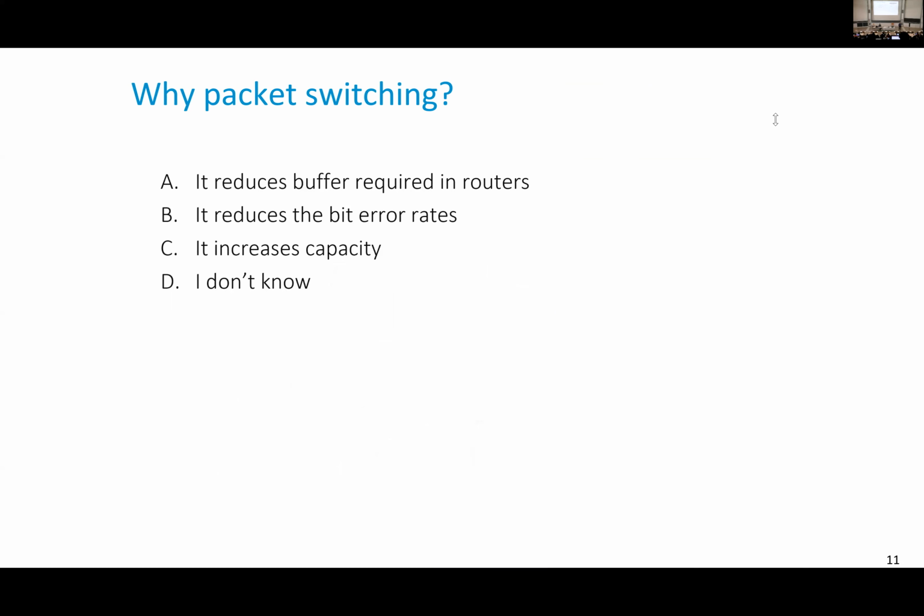Now, of course, you don't use Zoom. So who says answer A, it reduces buffer required in routers? Cool. Who says B, it reduces the bit error rate? Not much support for this. Performance is very important, and we've seen that we can lose packets because of bit errors.